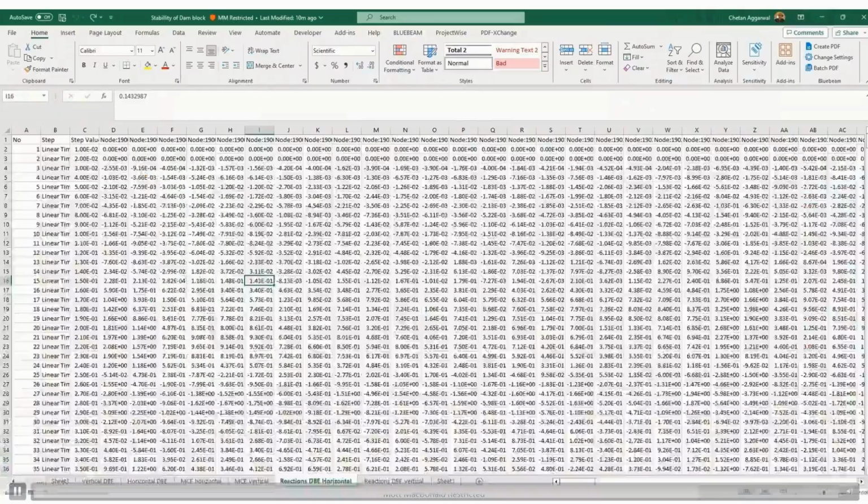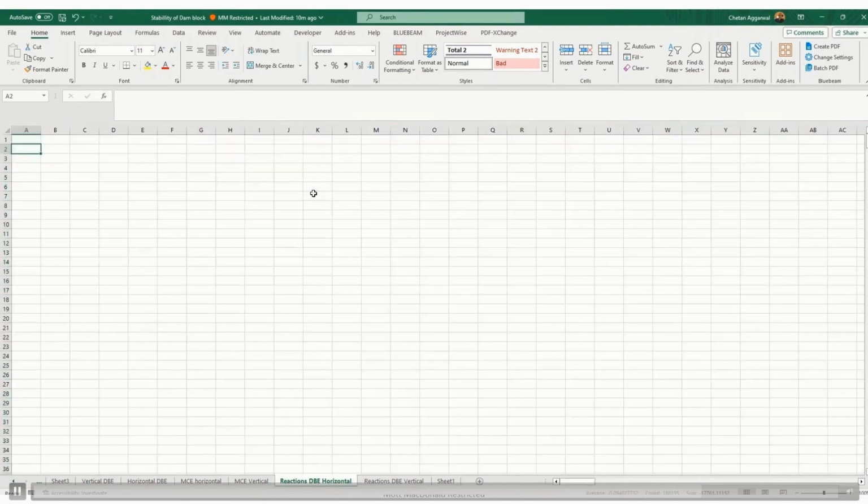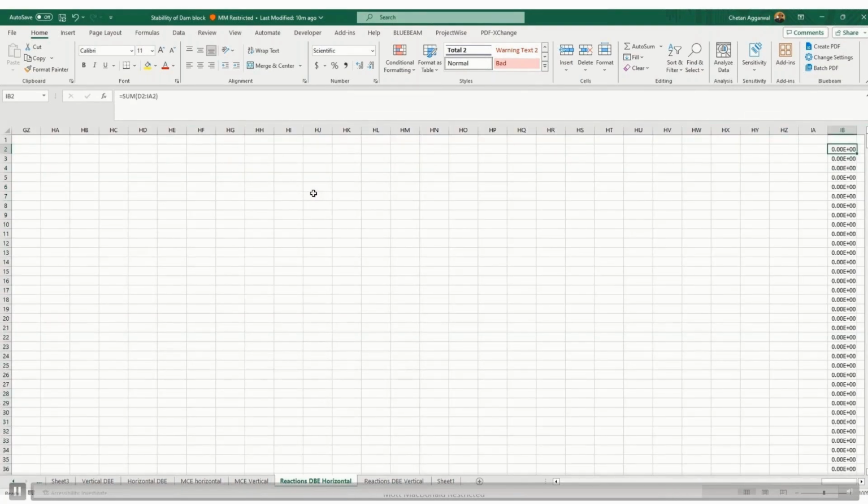Now this was the earlier data. Maybe I can delete this. I have this function with me.